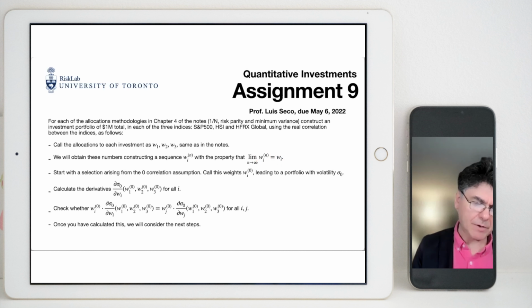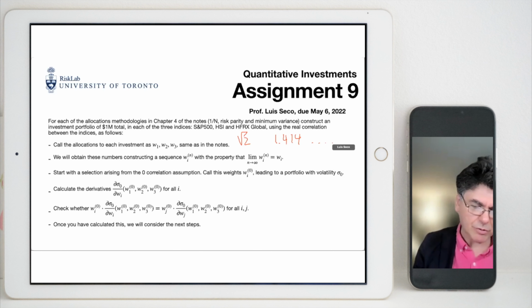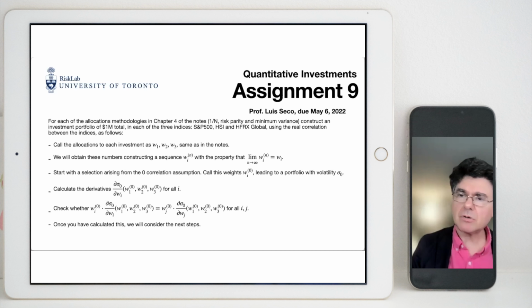So this is like, for example, how do you calculate the square root of 2? You start with the number 1, then you correct it, 1.4, then you correct it, and you correct again, and like this. That's how you approach the square root of 2. So the numbers converge to the square root of 2. The same thing that we're doing here. So that's fine. Then we start with the selection arising from the 0 correlation assumption.